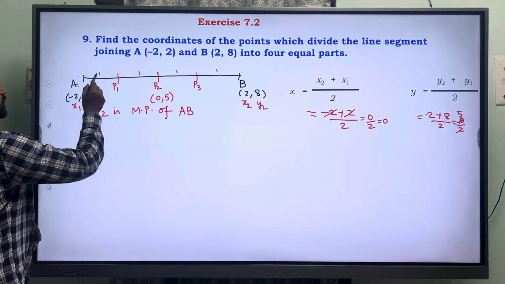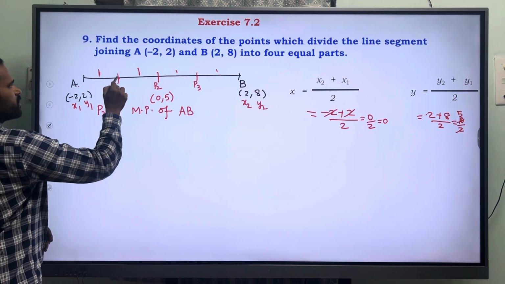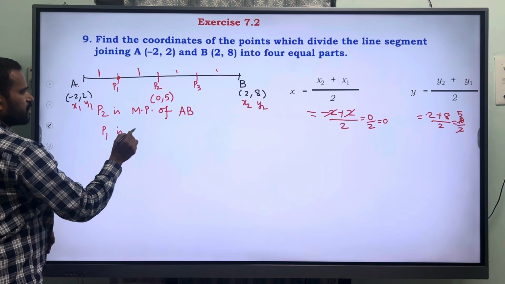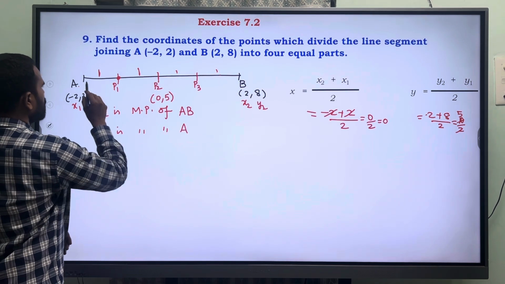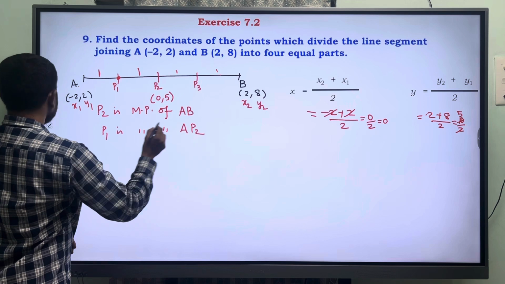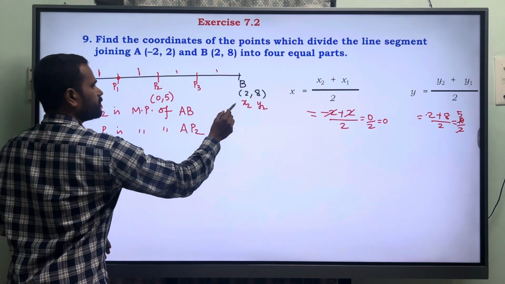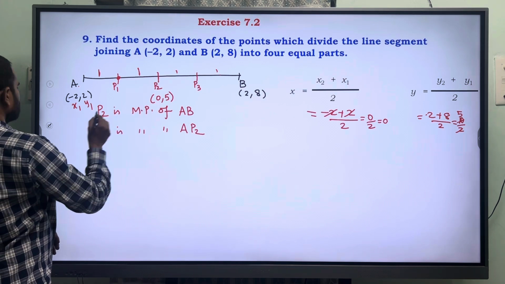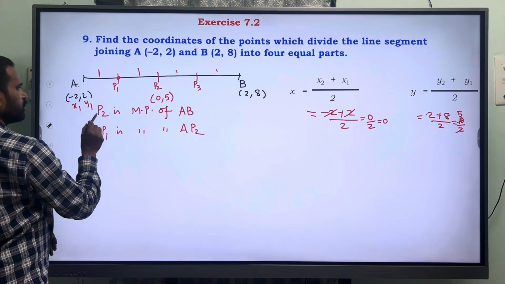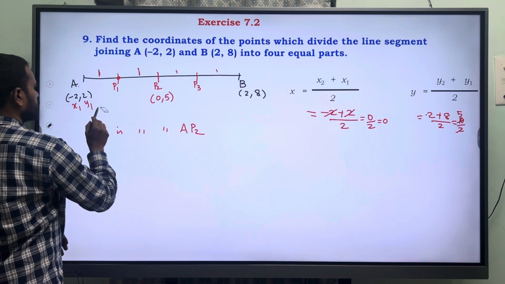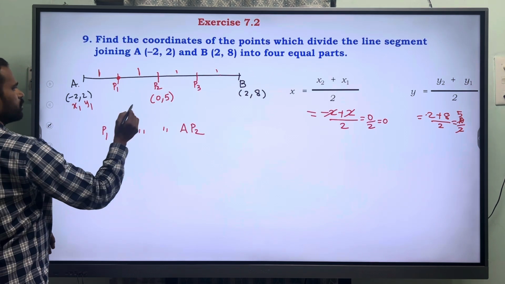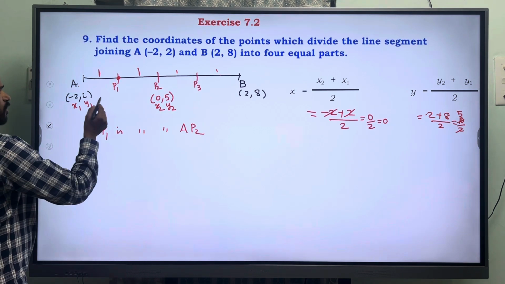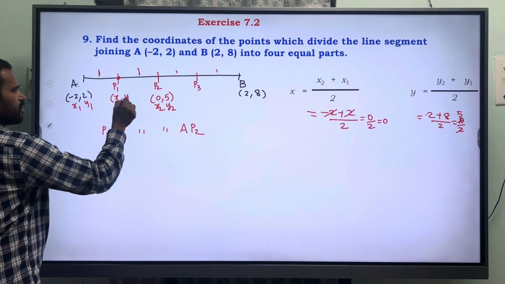Now see here, this is one portion and this is one portion, right? So P1 is the midpoint of AP2. So that time what I will do is, this is x2 y2 now. So this has x comma y.